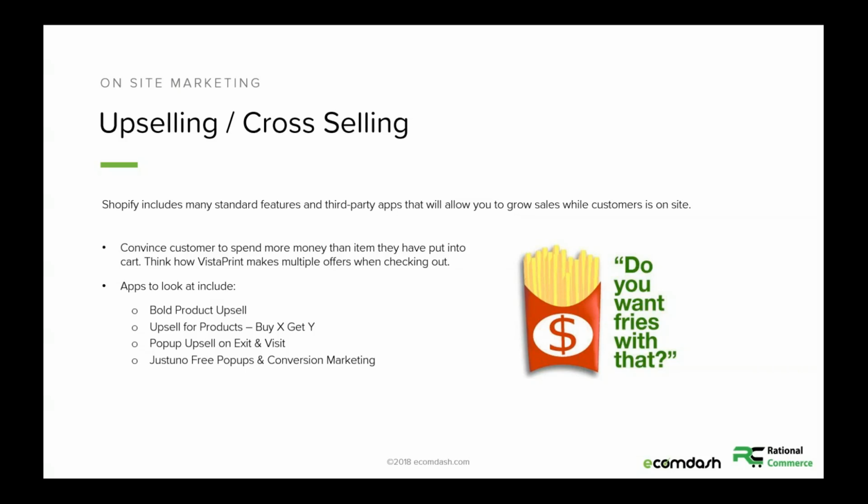Well, you can do the same sort of thing in Shopify with a number of apps. The ones that we have experience with: Bold Product Upsell, Upsell for Products, Buy X Get Y, Pop-up Upsell on Exit and Visit, and Just Uno free pop-ups and conversion marketing. These are all good apps that will help you upsell and cross-sell. And you can track this, and you'll see that there is a strong return on any type of expenditure that you make.